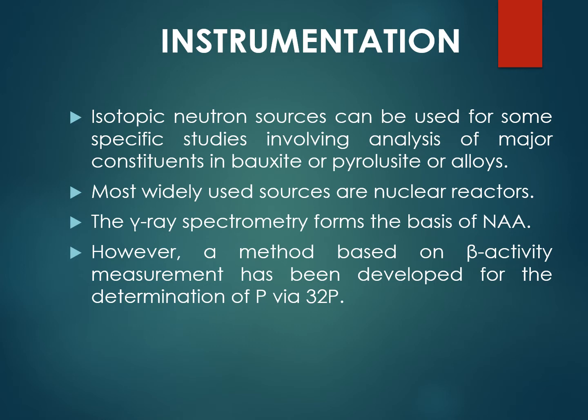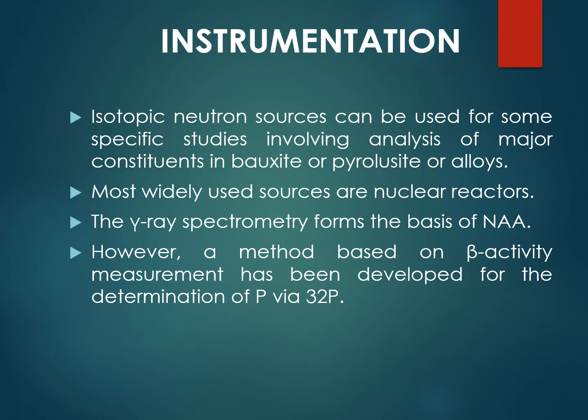Like we have discussed in previous lectures, prompt gamma rays are majorly involved in neutron activation analysis, and they are produced when the neutrons hit the target nuclei, and then prompt gamma rays or radiations are emitted.